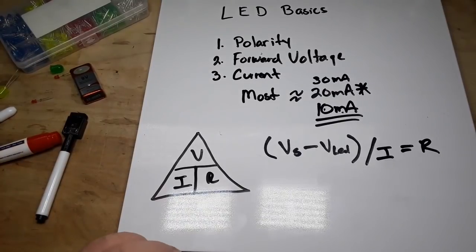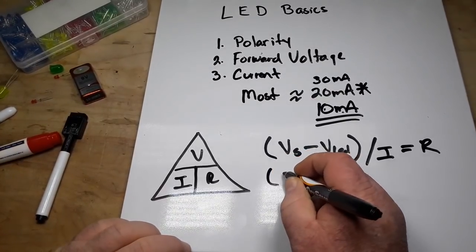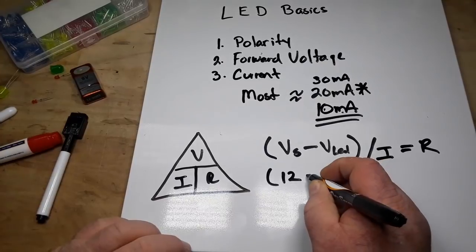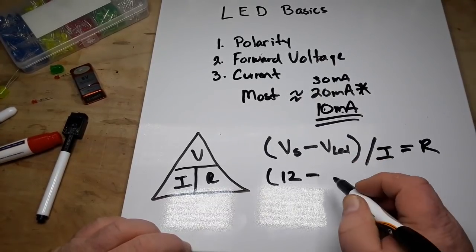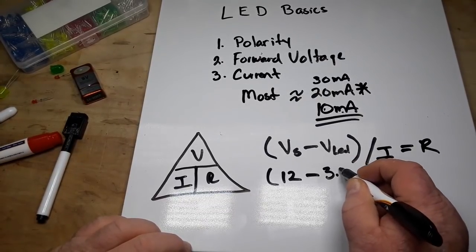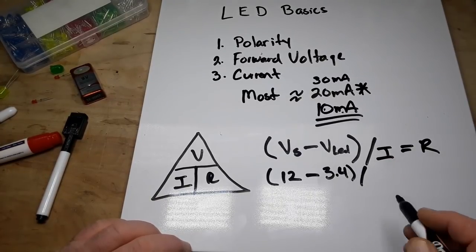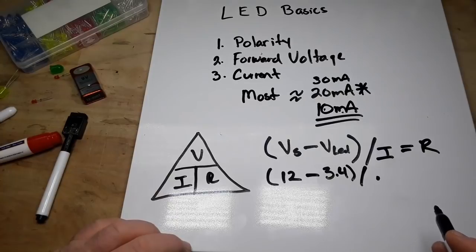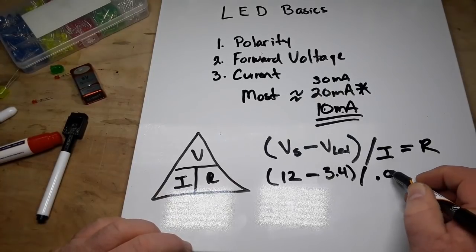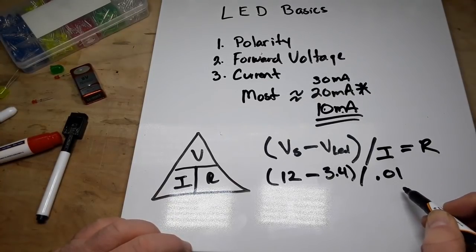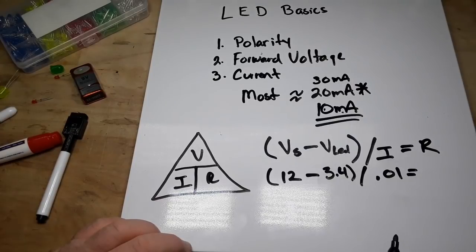So let's fill in the blanks here. We have 12 volts minus 3.4, divided by 0.01, that's 10 milliamps.